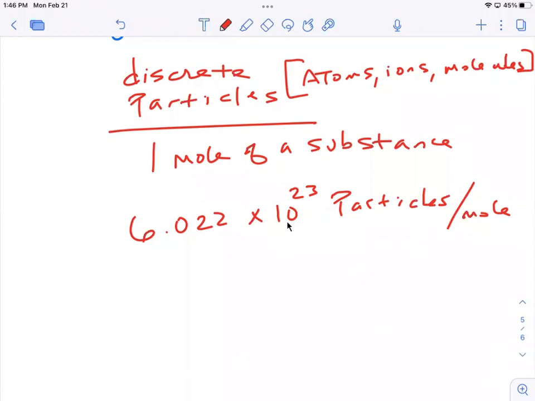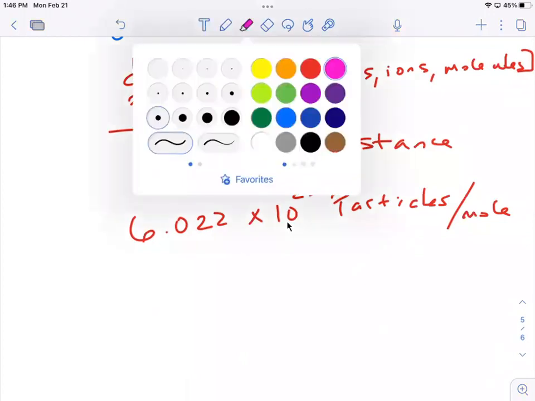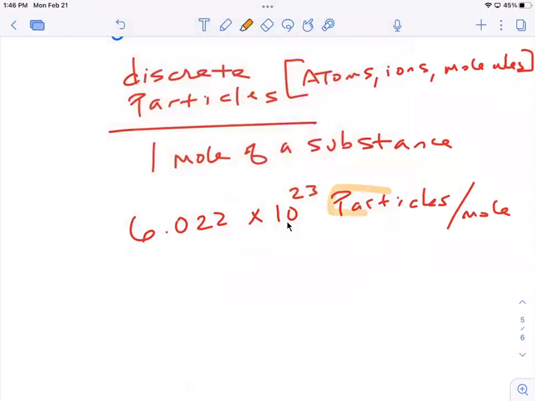Atoms, ions, molecules, hamburgers per mole, whatever. Basketballs per mole, footballs per mole. You can interchange this top number, right? That's interchangeable, depending on the particle that you're looking for.